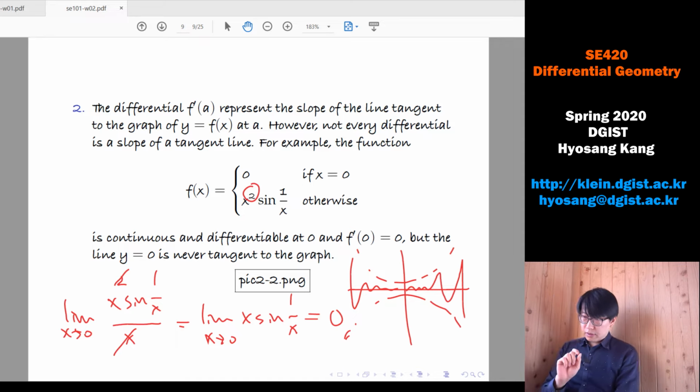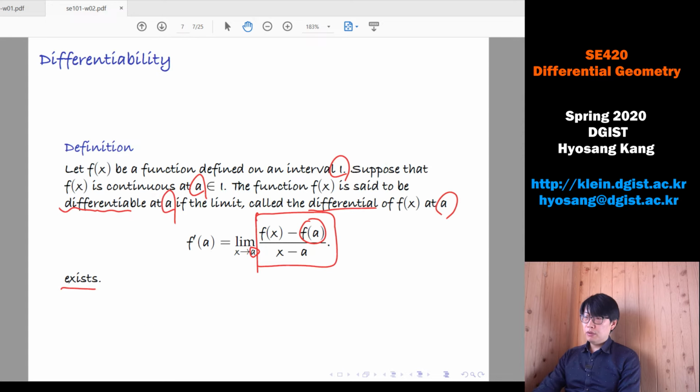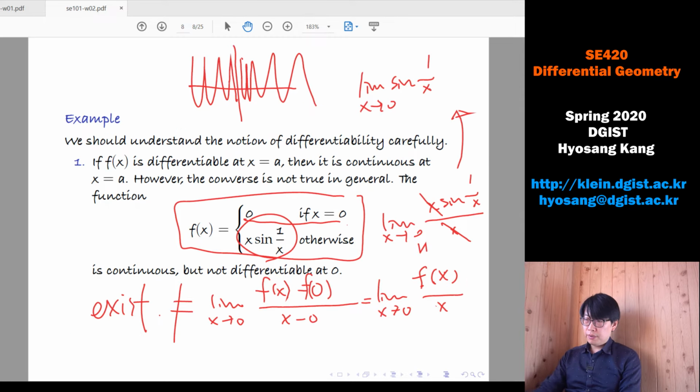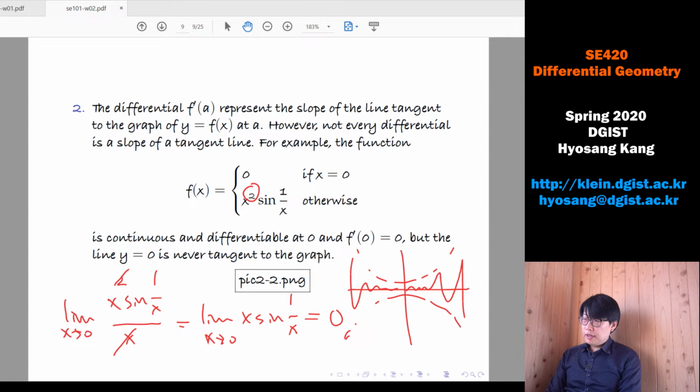So I want to emphasize that if you like the rigorous definition, you can just follow the epsilon-delta definition. But I think it's more important to really understand the meaning, the feeling of differentiability. So I think this first and second example explain the definition of differentiability best, because there are very different feelings of these differentiable and non-differentiable functions.